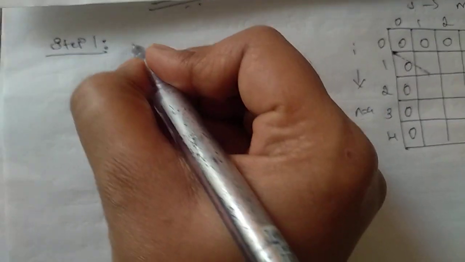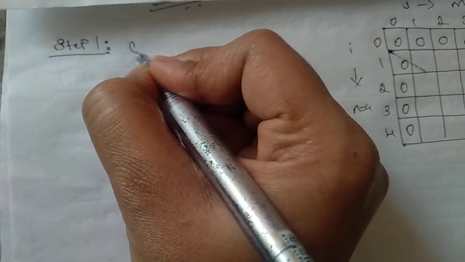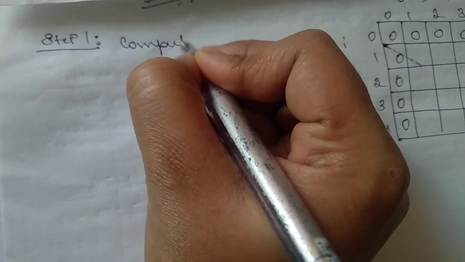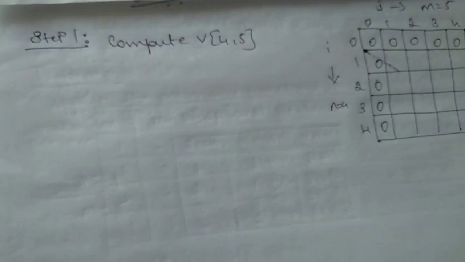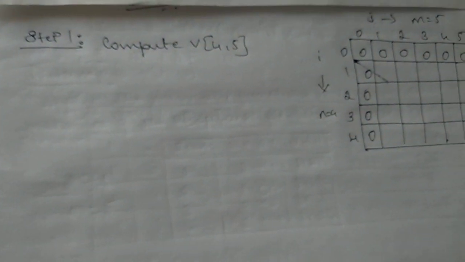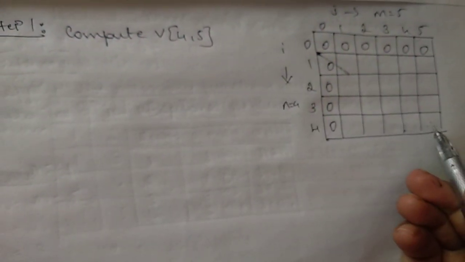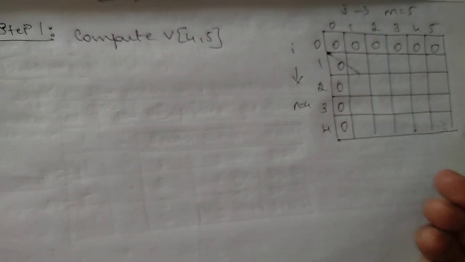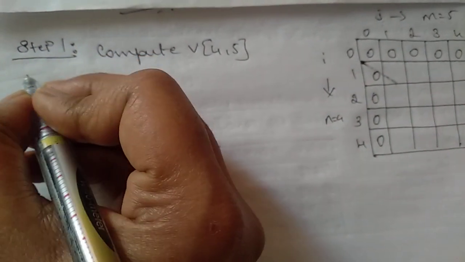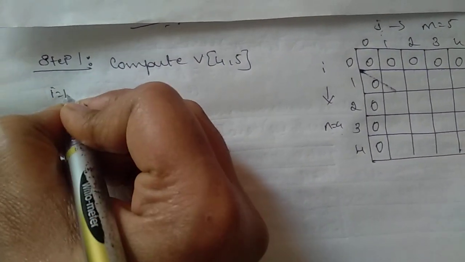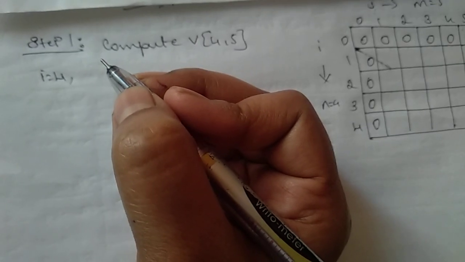Now I'll go for step 1. Here in step 1 I'll compute V of 4, 5. We know here our optimal value will be stored. V of 4, 5 means here what is the i value? i is equal to 4.